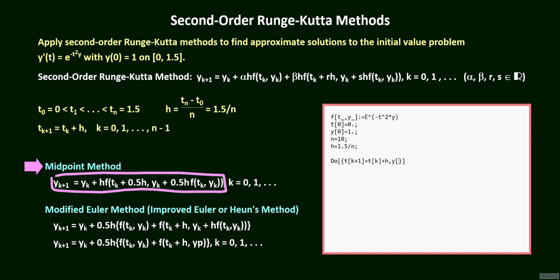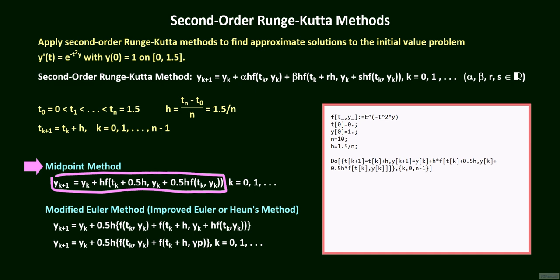We have y sub k plus 1 equals y sub k plus h times f applied to t sub k plus 0.5 times h, and at y sub k plus 0.5 times h times f of t sub k, y sub k. K goes from 0 to n minus 1.